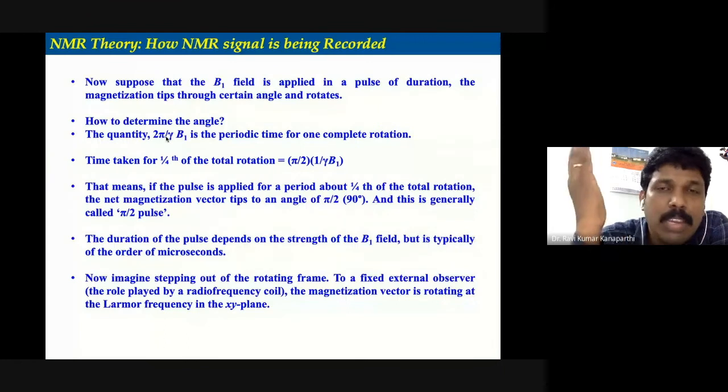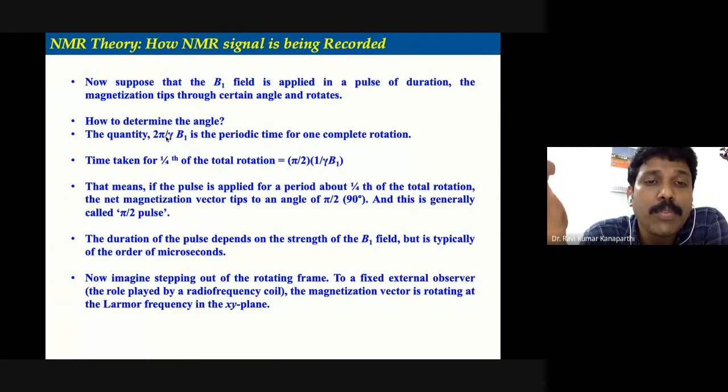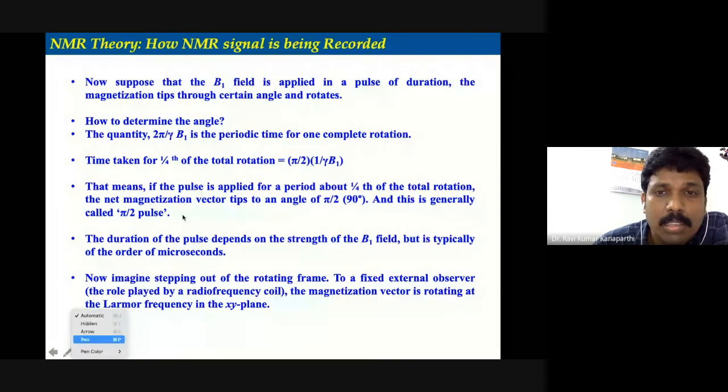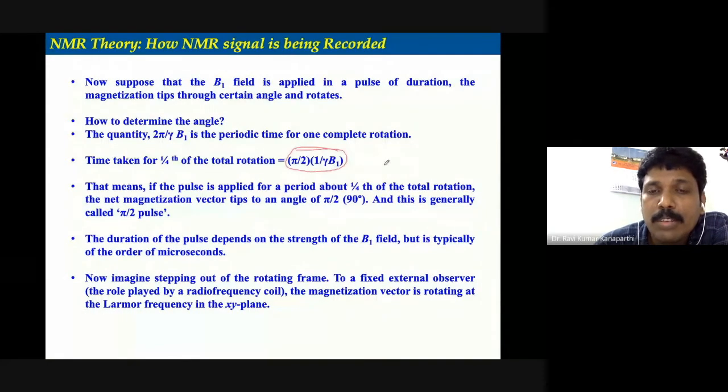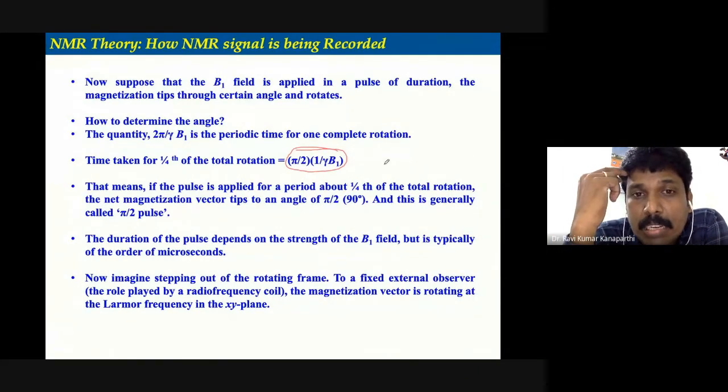Just imagine that you take one fourth of that periodic time. Then it becomes pi by 2, multiplied by 1 over gamma b1. How did I get it?